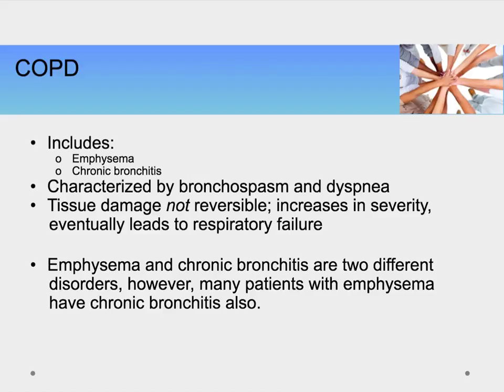So the problem becomes a ventilation problem along with a gas exchange problem. The big difference in differentiating COPD from asthma is the fact that this is not reversible. It increases in severity and eventually leads to respiratory failure, especially if it's caused by smoking and they continue to smoke.